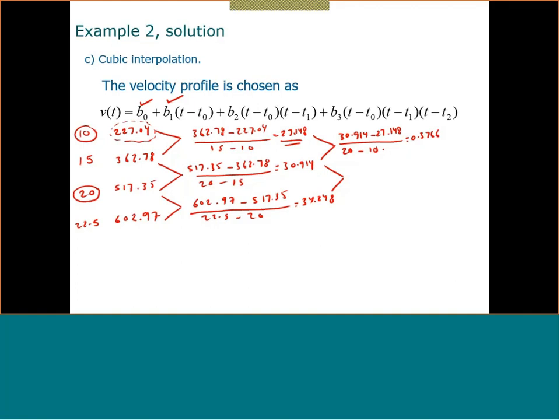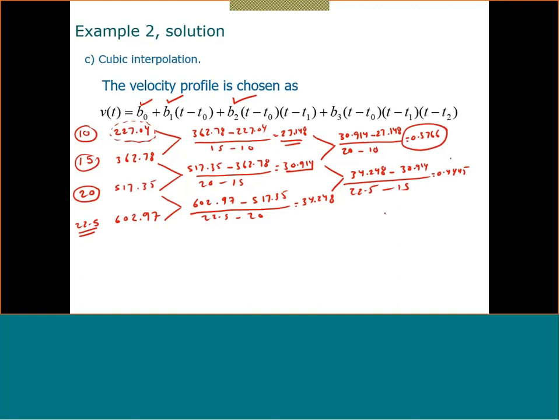And finally this, which is 34.248 minus this, which is 30.914, divided by 22.5 minus 15. So this is the whole range. This goes from here to here, and this will give me 0.4445. Okay, so now I found B2, which is this.